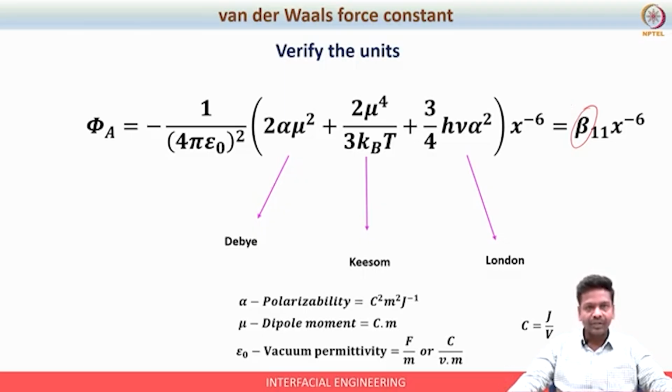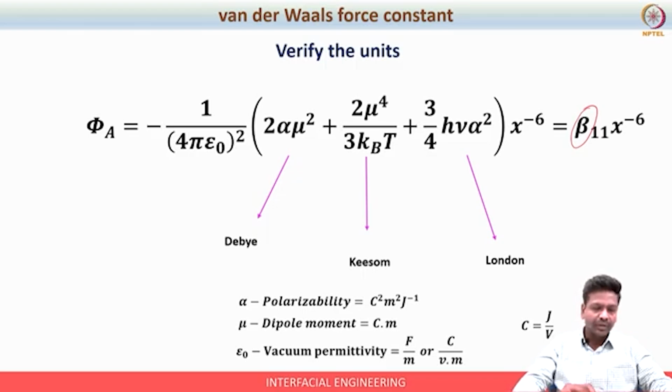Which means that beta is nothing but joule meter power 6.